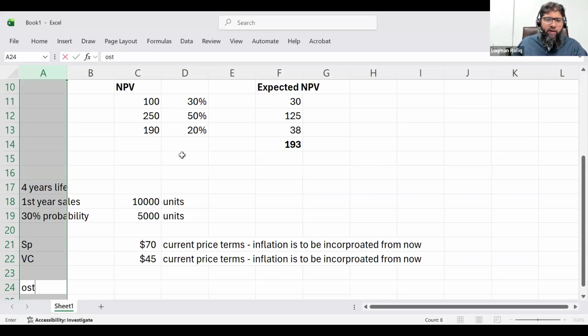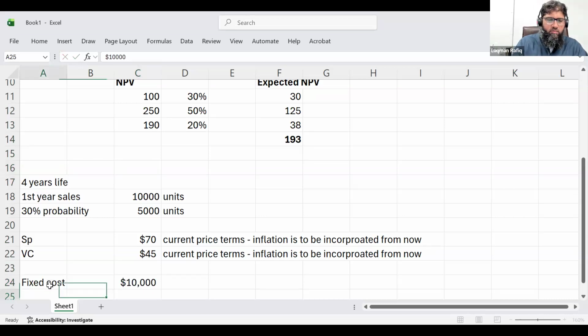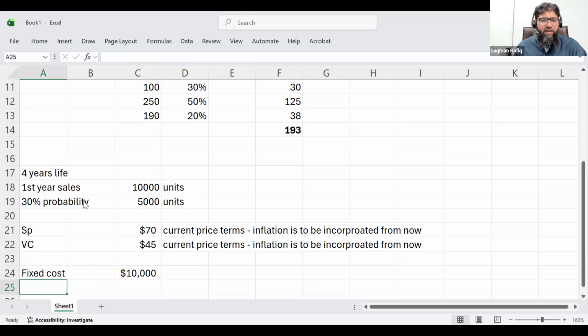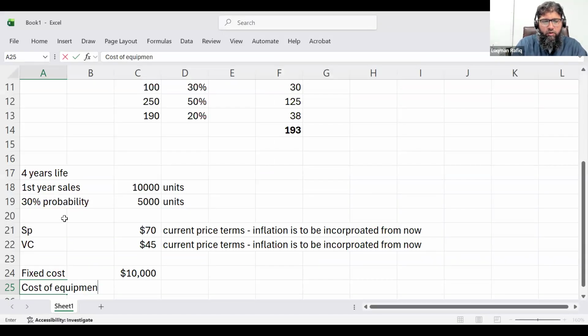I'm just taking a note for myself so that it doesn't become a difficult thing. The manufacturing equipment costing 500,000 will be purchased at the start of the first year of production. The cost of equipment is 500,000.